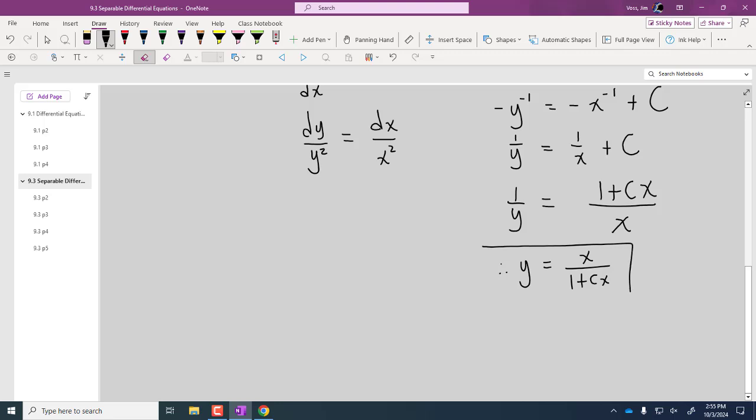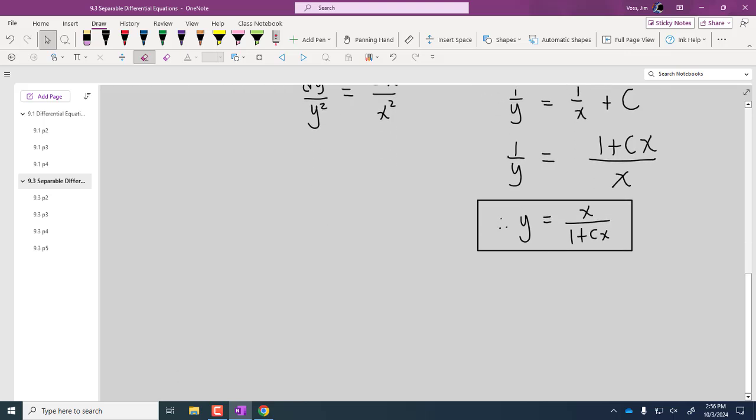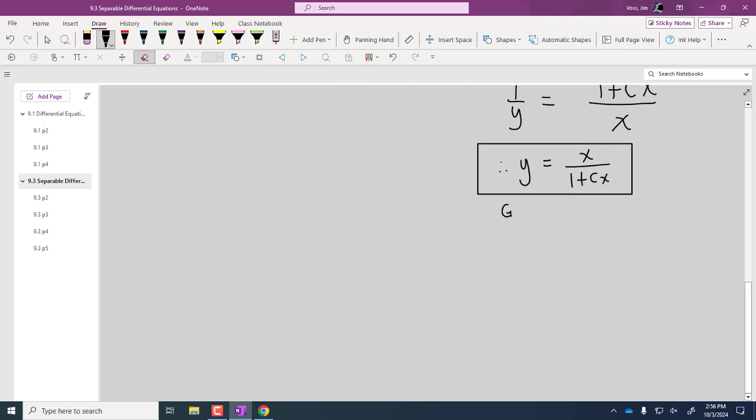So this right here is not only general, it's also explicit. Explicit is in contrast to implicit. So this is a general solution in implicit form. This is a general solution in explicit form, which is what we are always looking for if we can.